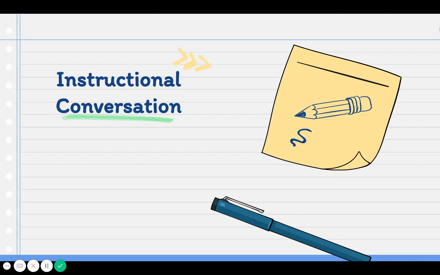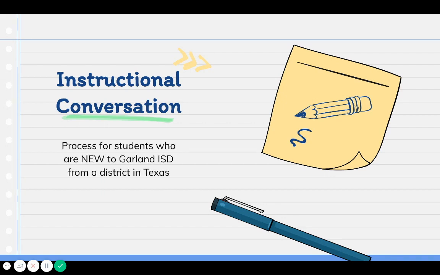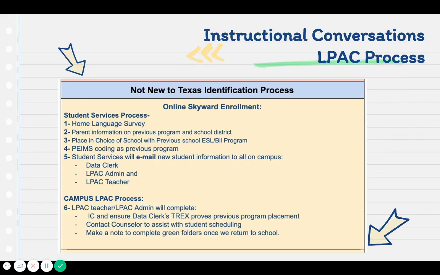Now let's talk about Instructional Conversations. The process for students who are new to Garland ISD coming from a district in Texas. For these students, they are also submitting an online Skyward enrollment.